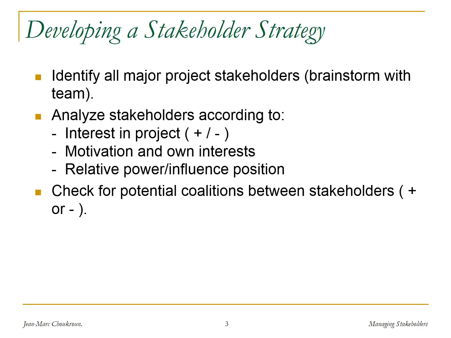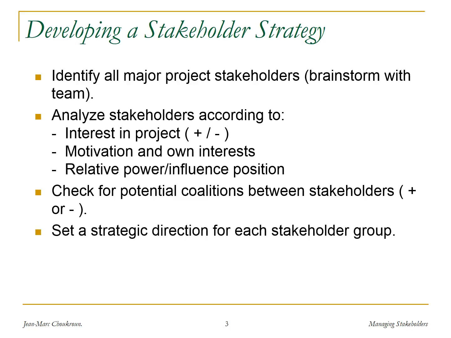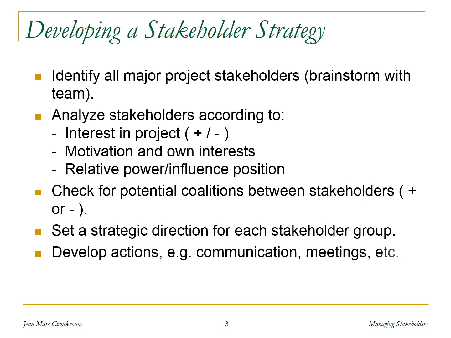You also want to think about potential coalitions between stakeholders, people who would work together in support or opposition to the project. Based on this analysis, you set a strategic direction for each group of stakeholders. That strategic direction then leads you to develop a set of actions in terms of communication, meetings, documents to share, information to share, etc.